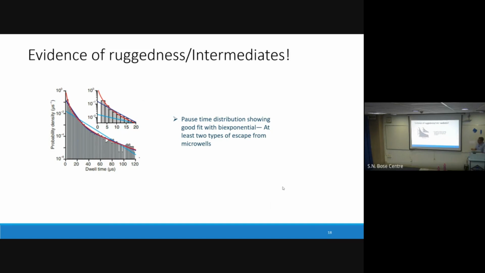They also concluded that there are at least two types of micro wells inside the barrier, giving rise to that biexponential behavior.